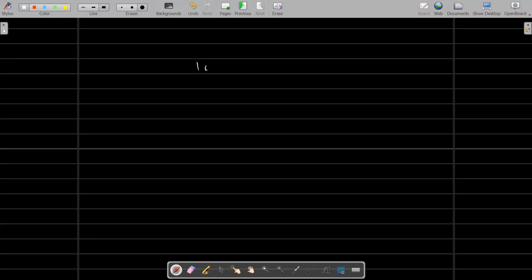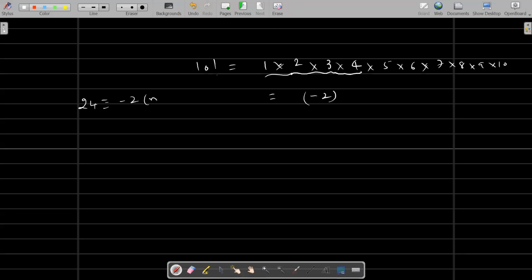Yeah, good. So I'll say what Saket said. Saket was doing it this way: 10 factorial is 1 into 2 into 3 into 4 and so on up to 10, and you work this product modulo 13 and reduce at every step. For example, the first 3 numbers give 6, and 6 fours are 24. 24 is as good as minus 2 mod 13.